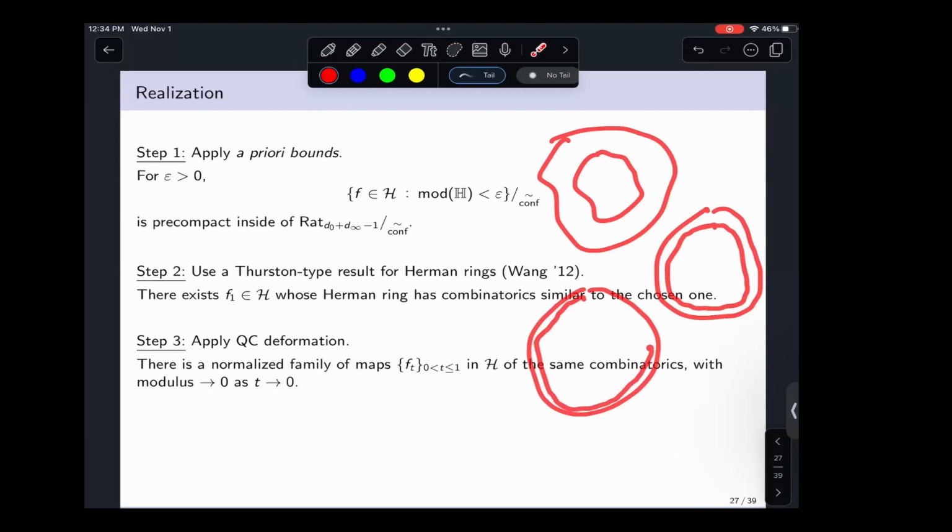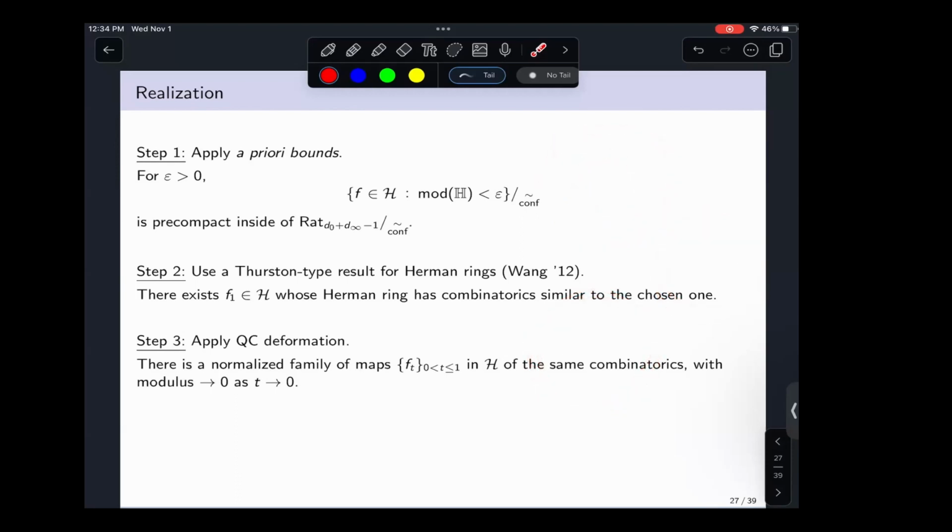And in general, I get a normalized family of rational maps in curly H with the same combinatorics, but now the modulus is the one that's different. The modulus now can go to 0 as some parameter t goes to 0.